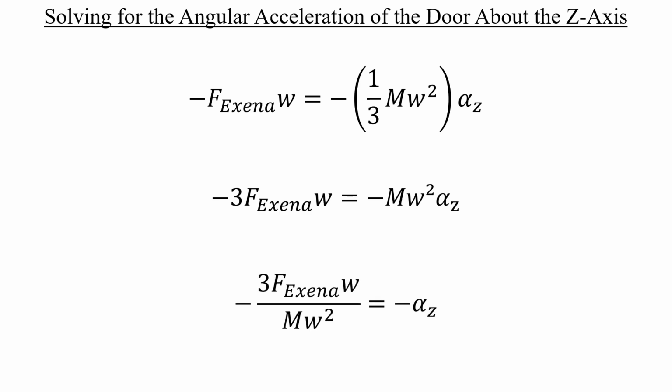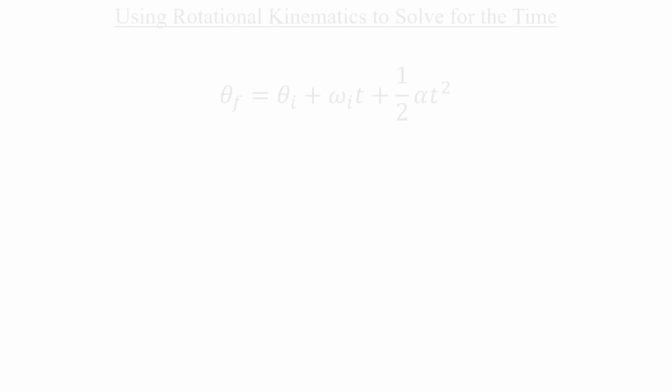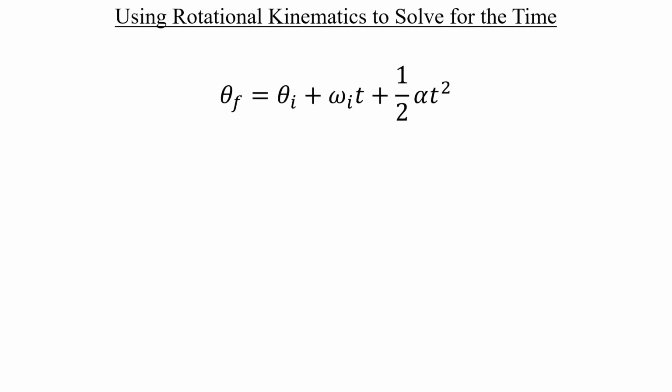We end up with w upstairs and downstairs. So let's cancel out a single factor of it, which will simplify to the following. We now have our angular acceleration, so let's take a look at this kinematic equation next.